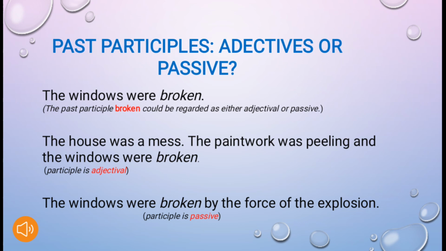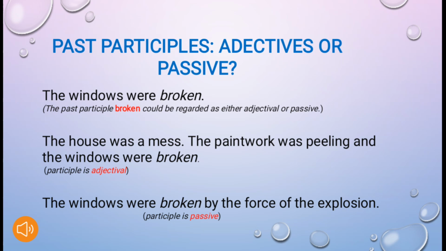When we talk about the windows were broken there, it becomes an adjective, or adjectival. Why? It is because it modifies the windows. What happened to the window? It was broken. That is according to the structure that has been given in this sentence.